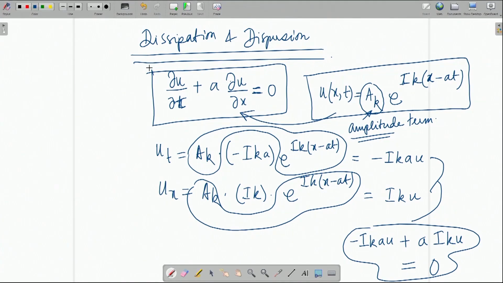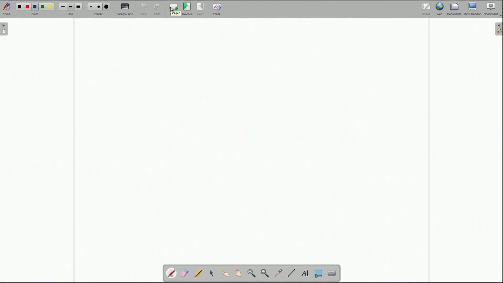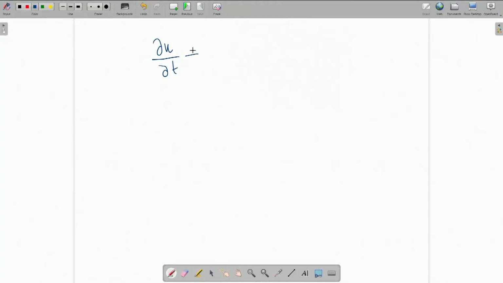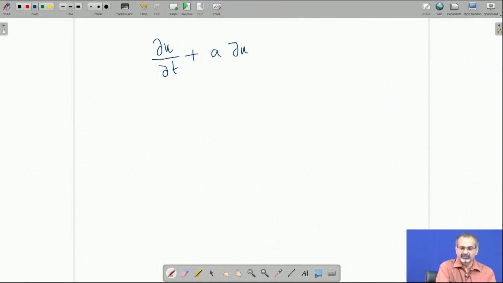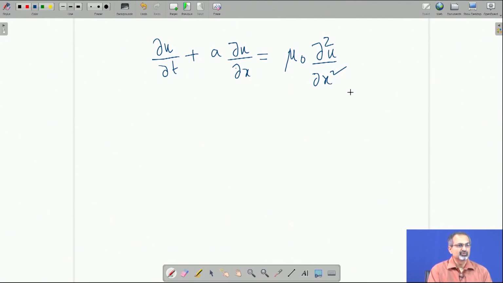We would like to see further that, instead of the linear wave equation, if we include a dissipation term on the right hand side of the equation, then what kind of trial solution might work?